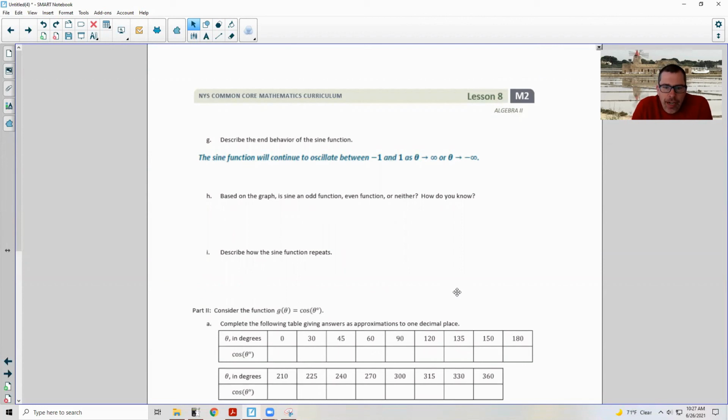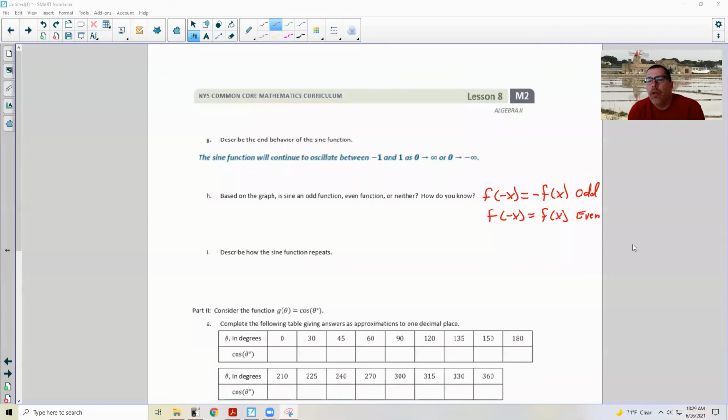H, based on the graph, is sine an odd function, even function, or neither? How do you know? Okay, so an odd function means that if you plug in a negative value for x, so if you take f of negative x, it will equal the negative of the function.